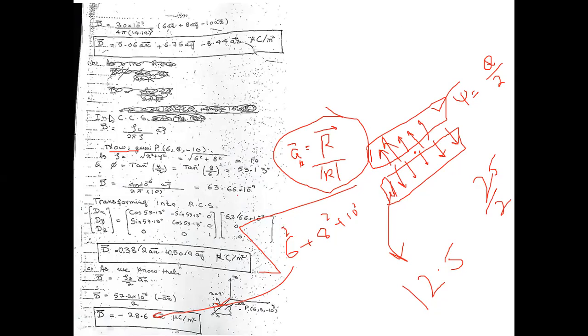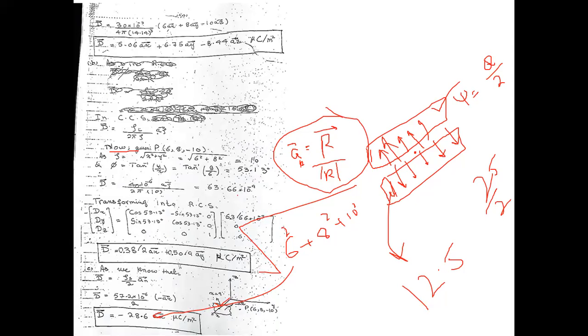Now in part B we have to find the D, and we are given the rho l. The points are in RCS, so let us consider the D in CCS. So rho l over 2 pi rho.